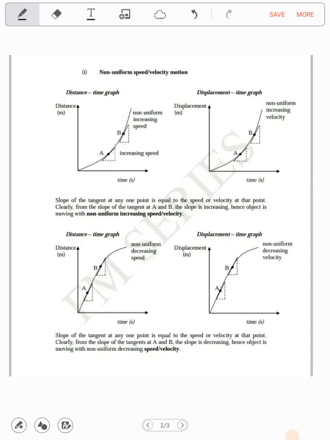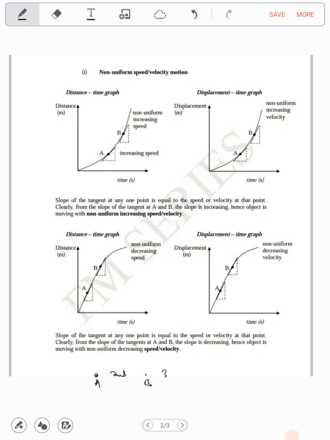Now, we will look at non-uniform motion or velocity or speed. Now, when you talk of something which is non-uniform, it is something which keeps on changing non-uniformly. Okay? Let's say at point A, your speed was 2 meters per second.